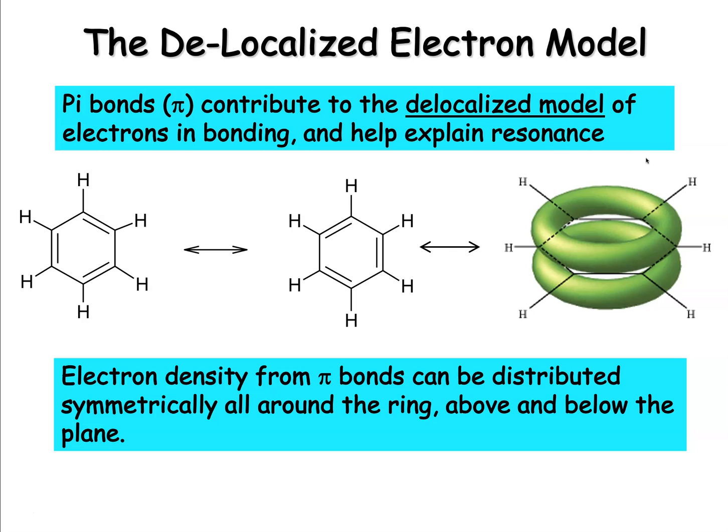And because they blend together, they give us this one huge connection, the green tubes that you see, above the plane and below the plane of the actual molecule. So the electron density enables it to free flow above and below.